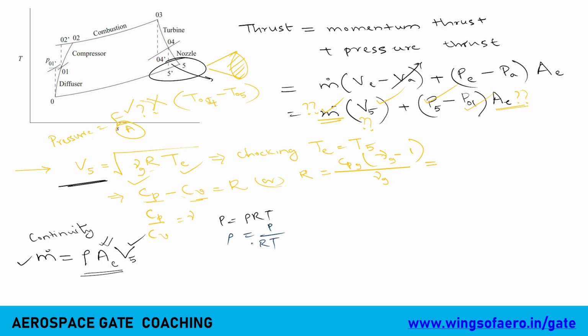Since you are finding for the critical condition, you use critical pressure, the R value, and critical temperature. Substitute all the values and you will get rho, then substitute in the continuity equation and you will get the area.